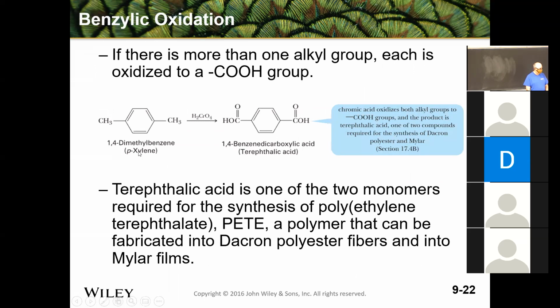So here we have 1,4-dimethylbenzene, or paraxylene, with chromic acid or potassium permanganate. It is oxidized to 1,4-benzene dicarboxylic acid, commonly called terephthalic acid. Terephthalic acid is a very useful compound industrially.